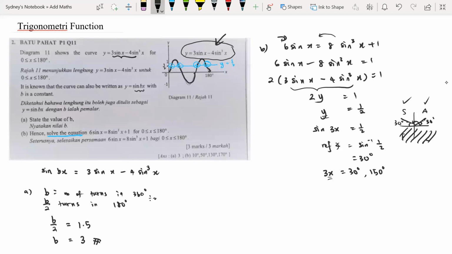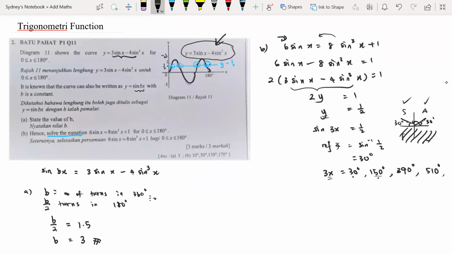Since it's 3x, that means 3 turns. By right, we have to add 360 onto these two twice. But based on this diagram, we only have 4 solutions, so we just need another 2 solutions. 360 plus 30 is 390, and 360 plus 150 is 510.